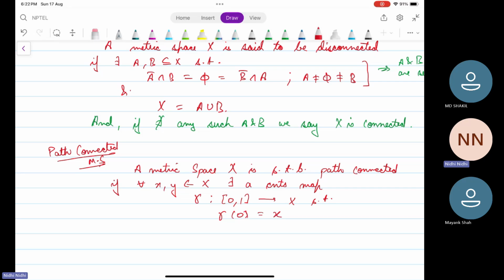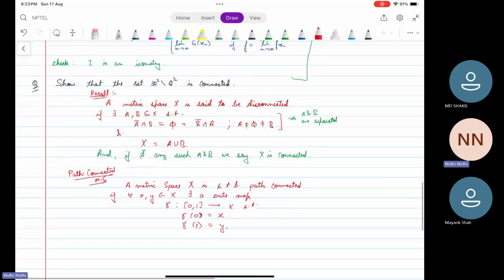That means at one end it is mapped to the point x, at the other end it is mapped to the point y, and there exists a continuous line that joins those points. This map gamma is referred to as a path or curve. There is a result that every path connected set is connected. So we will be using this result. Basically we'll show that R2 minus Q2 is path connected and hence connected.